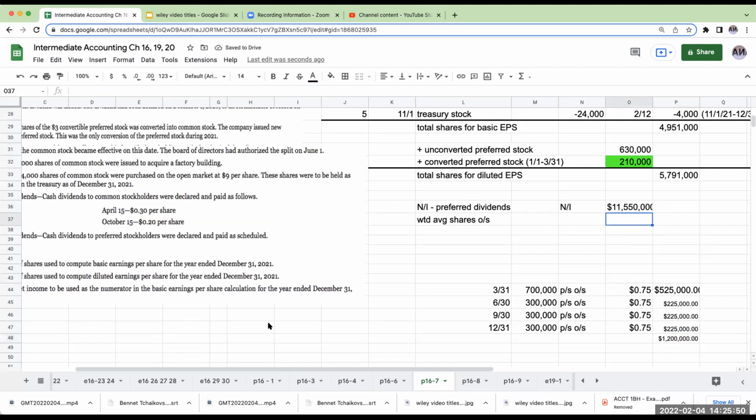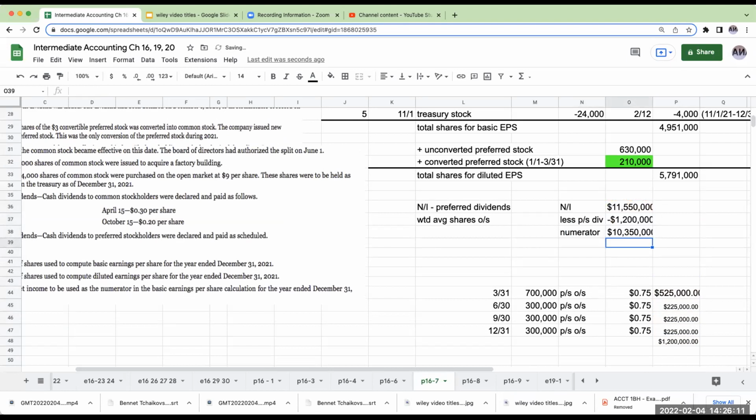So this is going to be 11,550,000 minus 1.2 million. So my numerator is going to be right over here, 10,350,000. So that's how we go through and solve problem 16.7.